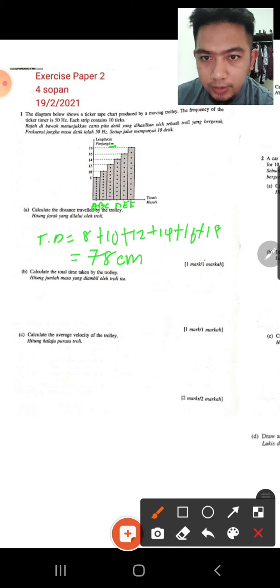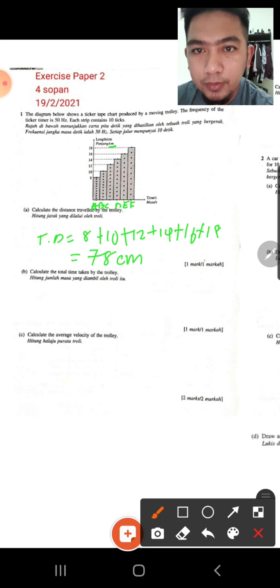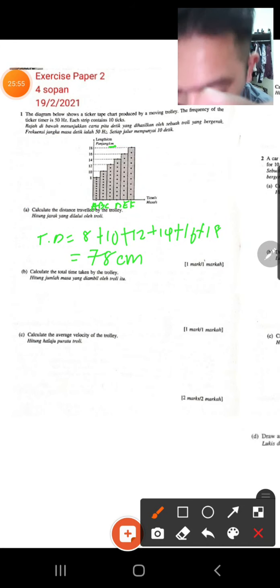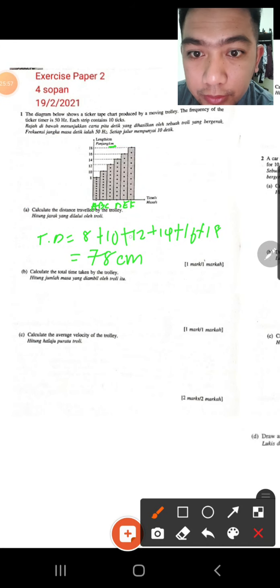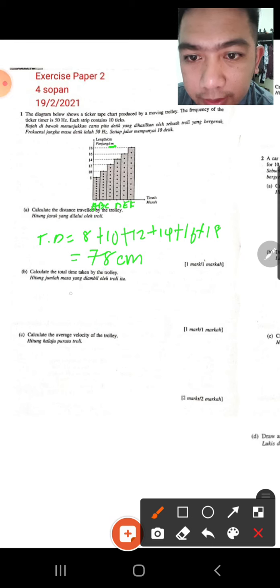B, calculate the total time taken by the trolley. Okay. So for the total time taken, first we already know there are 10 dots: 1, 2, 3, 4, 5, 6, 7, 8, 9, 10.